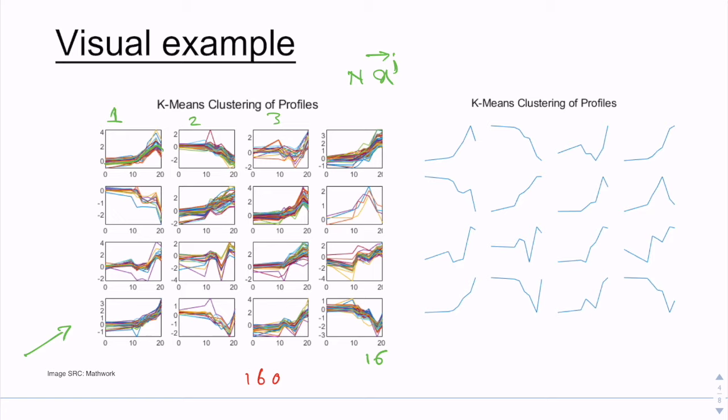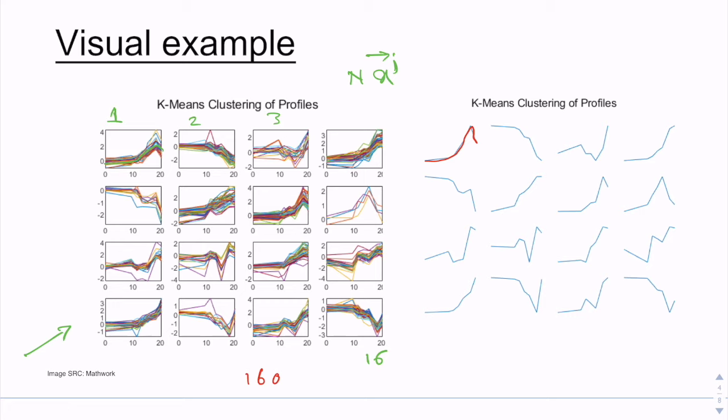What you see on the right is the center of each cluster. This is also an important concept in k-means. The center of each cluster is nothing but the mean of some vectors. We already talked about how to compute the mean of some vectors.